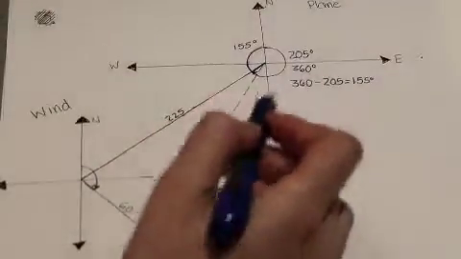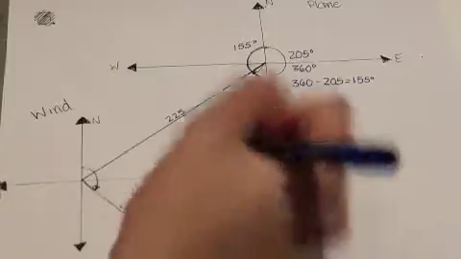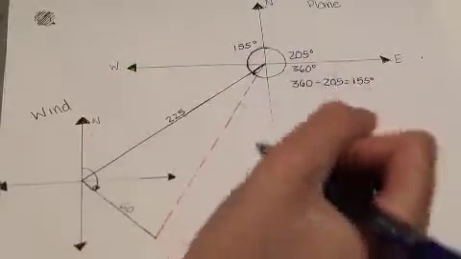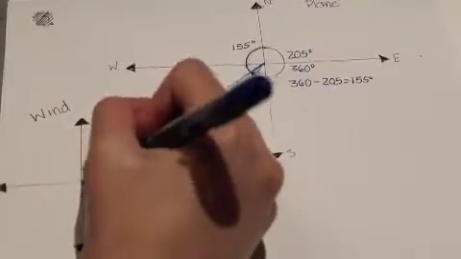And because the two graphs are parallel and the plane's flight is intersecting both of the parallel lines, we can use alternate interior angles to move the 155 degrees to the second graph.